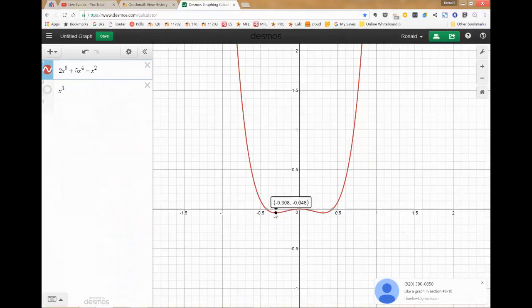So it's decreasing from negative infinity to negative 0.308. It's also decreasing from 0 to positive 3.8. And it's increasing from negative 0.308 to 0, and from positive 3.8 forever.